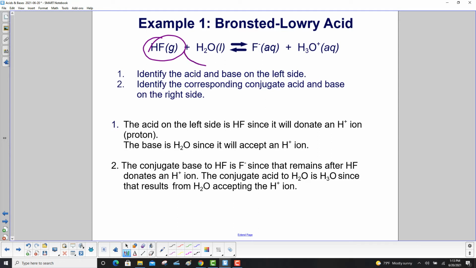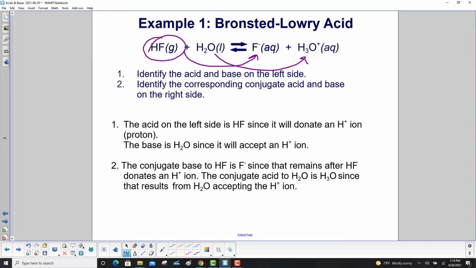And what happens is it then turns into fluoride ion because it gave up the H. The base is water since it will accept an H plus ion, turning into hydronium. The conjugate base to hydrogen fluoride is F minus, fluoride, since that remains after hydrogen fluoride donates the H plus ion. The conjugate acid to H2O is H3O plus, the hydronium ion, since that results from water accepting the H plus ion or proton.